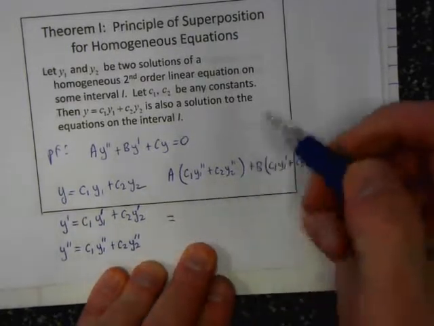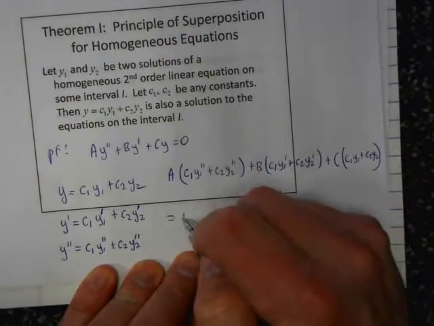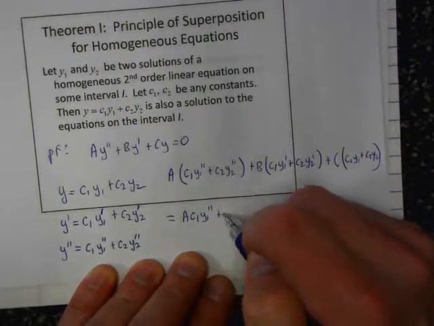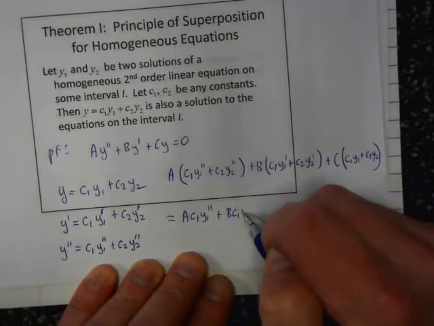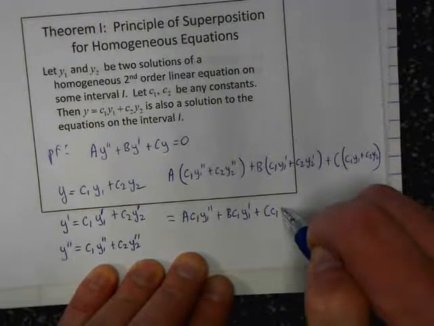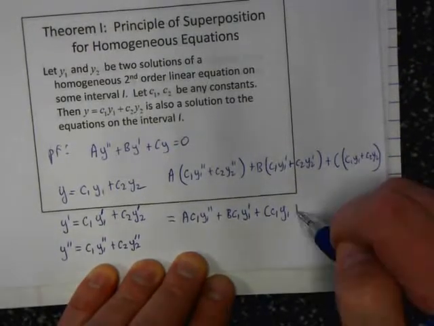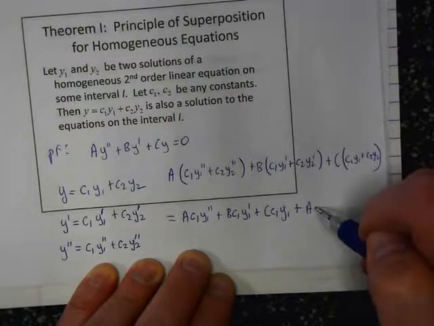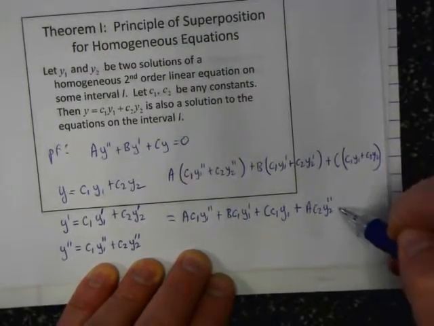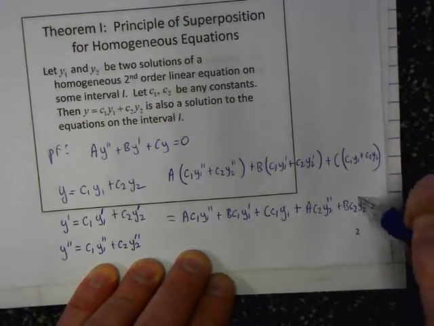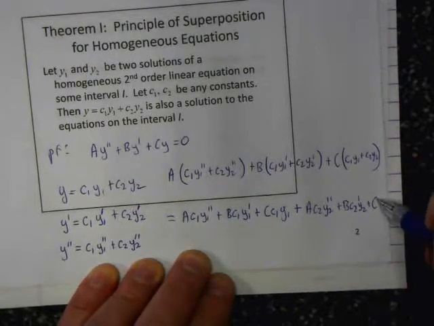I'm going to write this as A C1 Y1 double prime plus B C1 Y1 prime plus C C1 Y1, and then similarly plus A C2 Y2 double prime plus B C2 Y2 prime plus C C2 Y2.